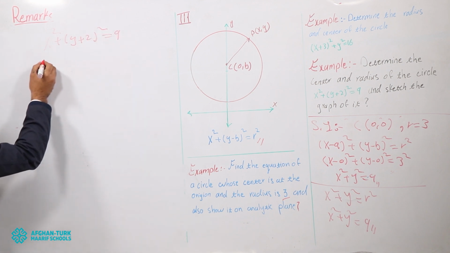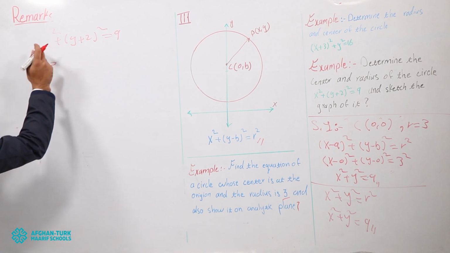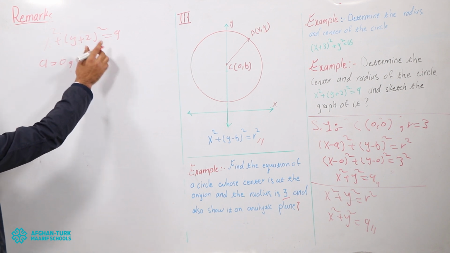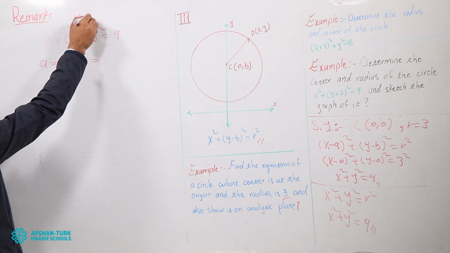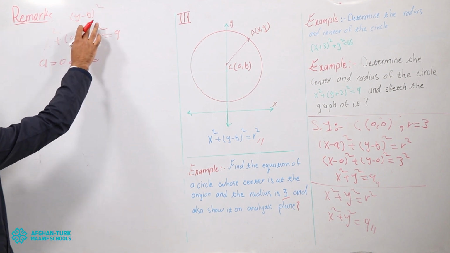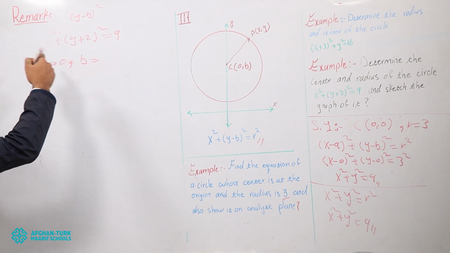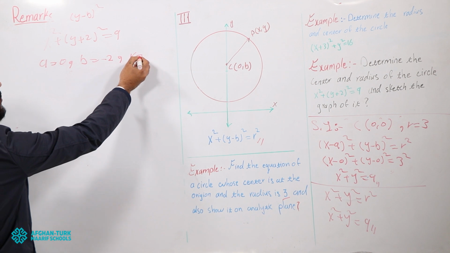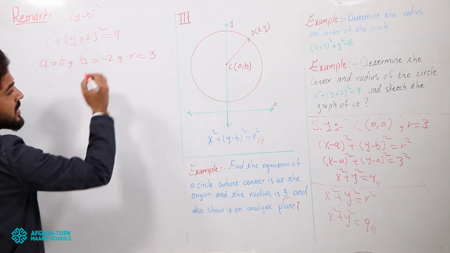In here a is equal to 0 because we don't have any a, and b is equal to minus 2 because in the standard equation we have y minus b squared. So minus b is equal to 2, and when we divide both sides by minus 1, b will be equal to minus 2, and r squared is equal to 9. So we can write that r is equal to 3.